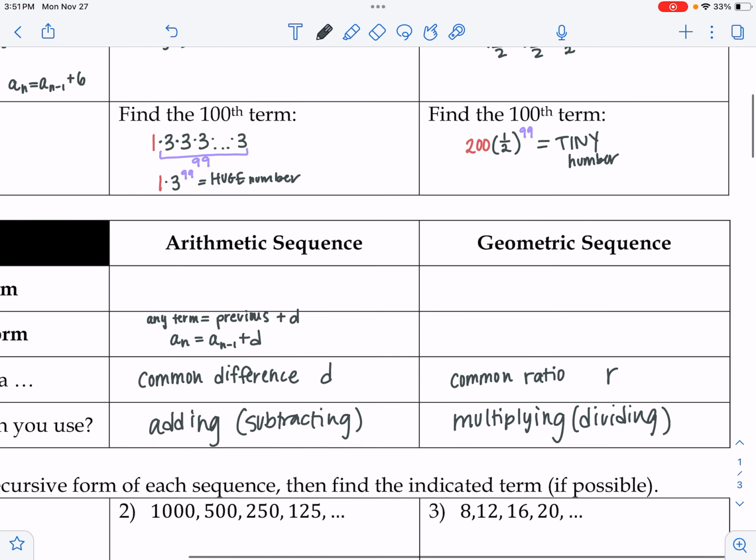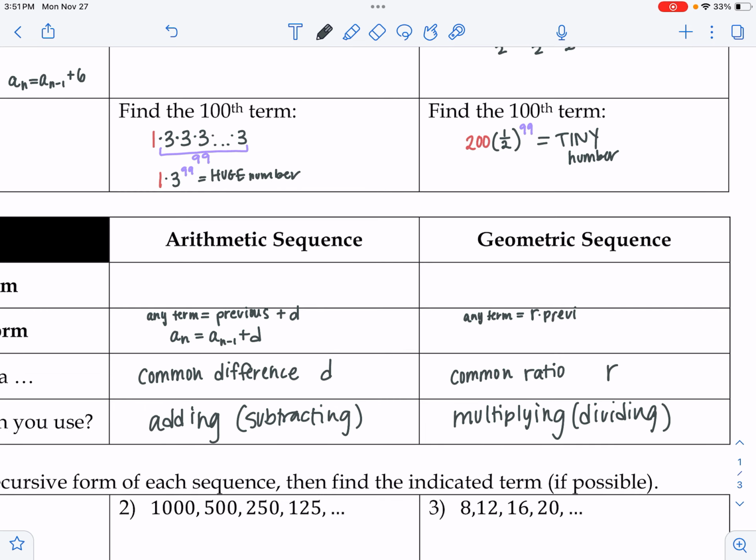For geometric sequences, any term equals the common ratio times the previous term. Okay, so using our symbols, any term equals the common ratio times the previous term.